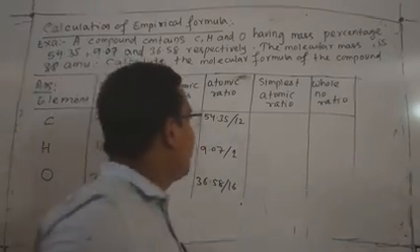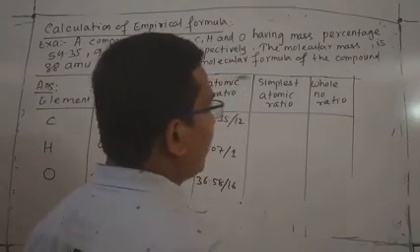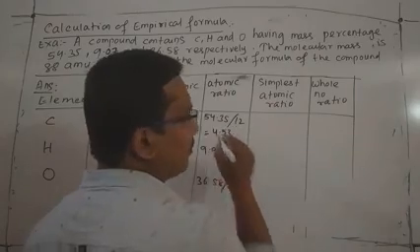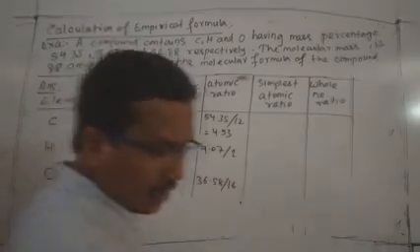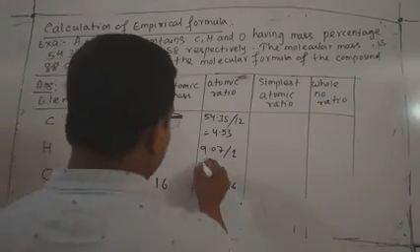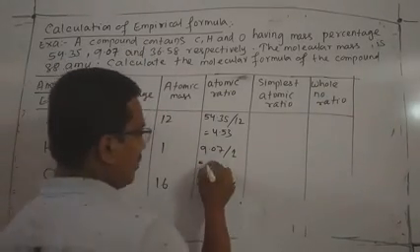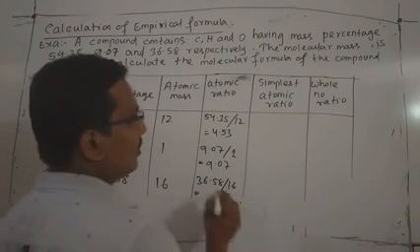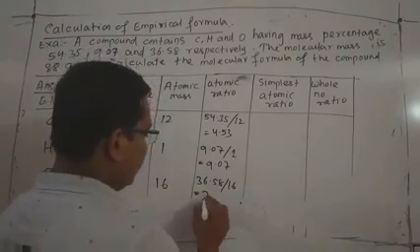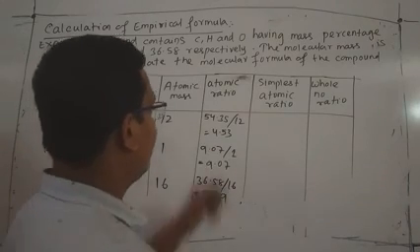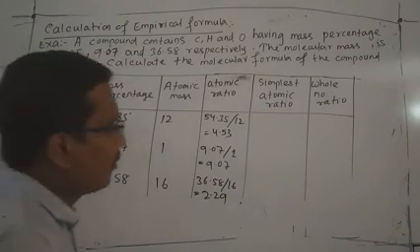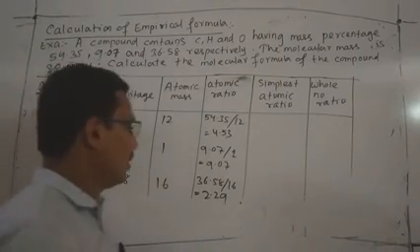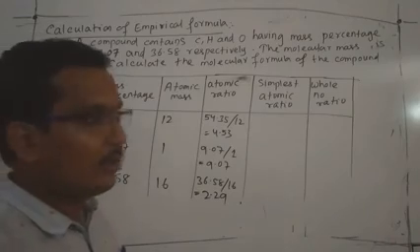If you divide 54.35 by 12, we get 4.53. 9.07 divided by 1 is 9.07. 36.5 divided by 16 is 2.29.